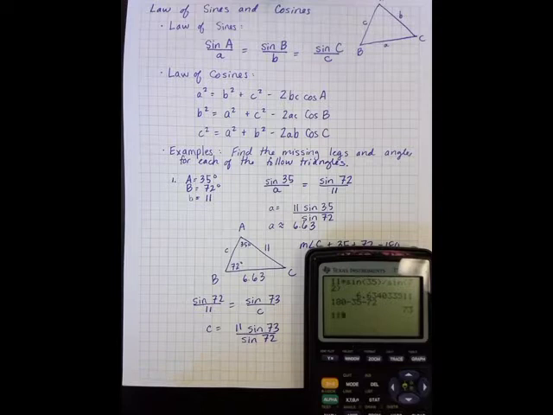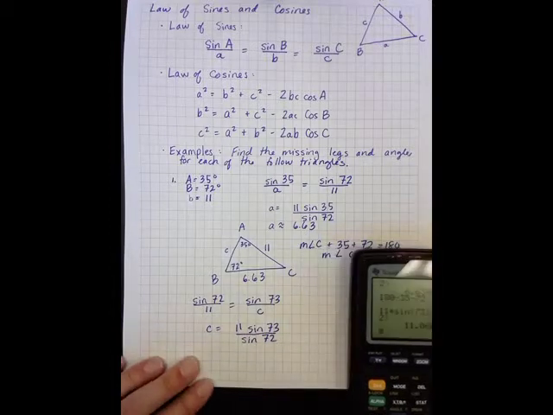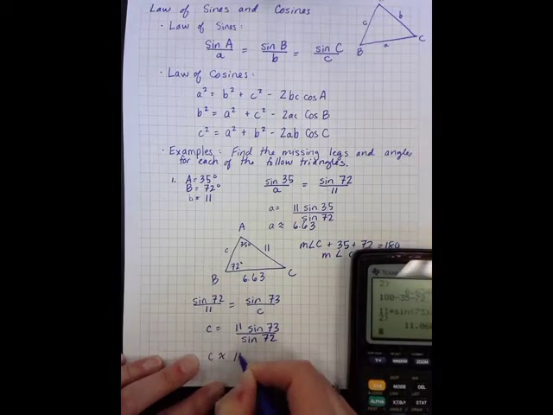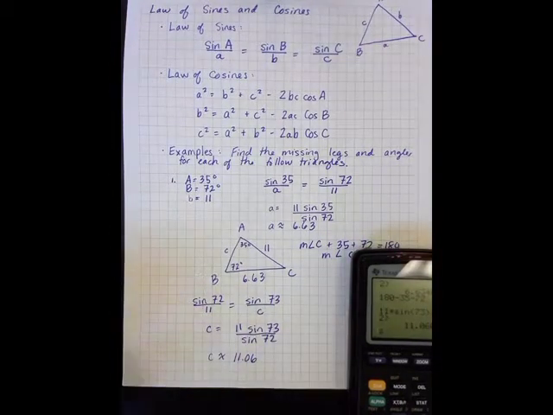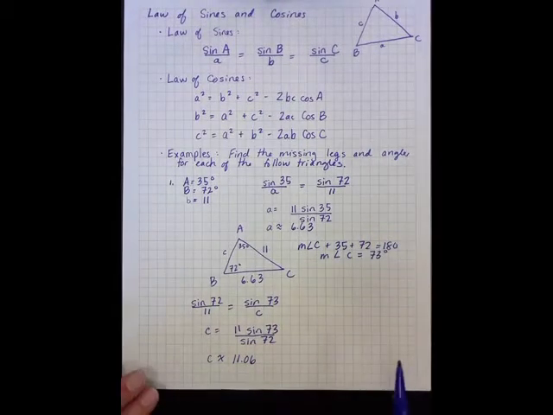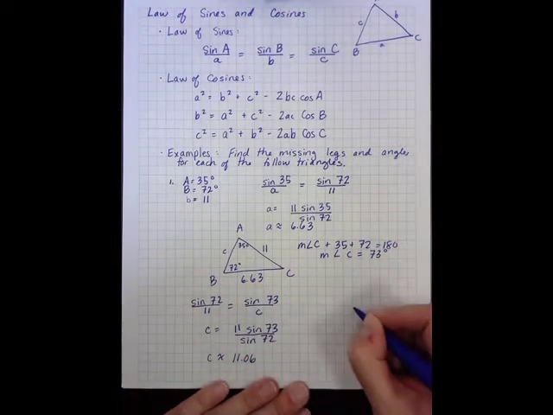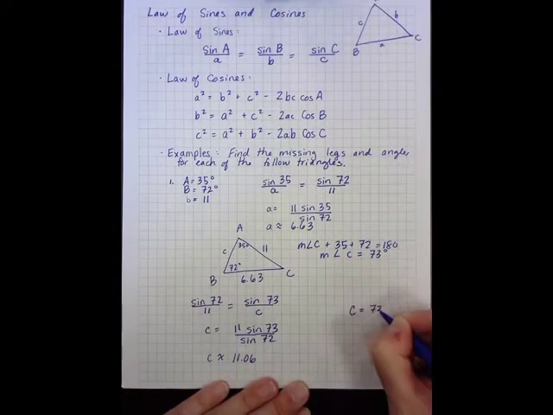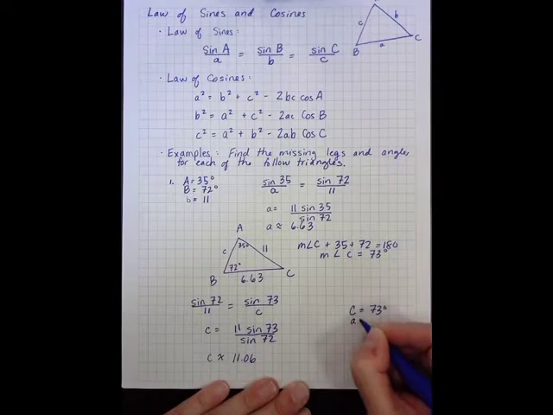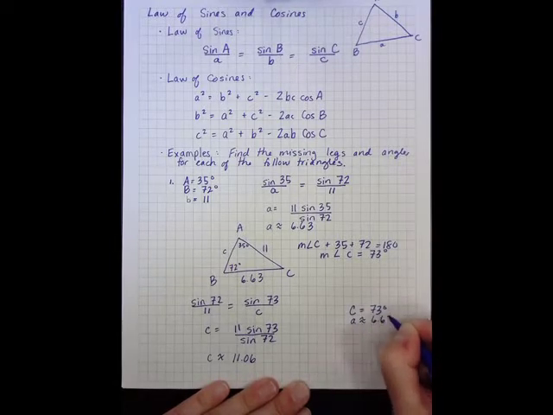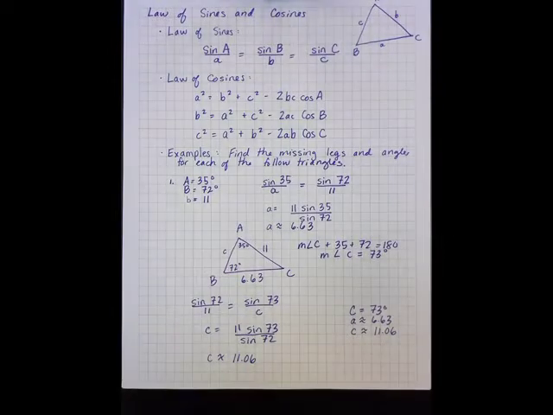So 11 times sine 73 divided by sine 72, which gives me approximately 11.06, and I'm rounding to the nearest hundredth here. So just to recap, I have angle C is 73 degrees, side A is approximately 6.63, and side C is approximately 11.06.